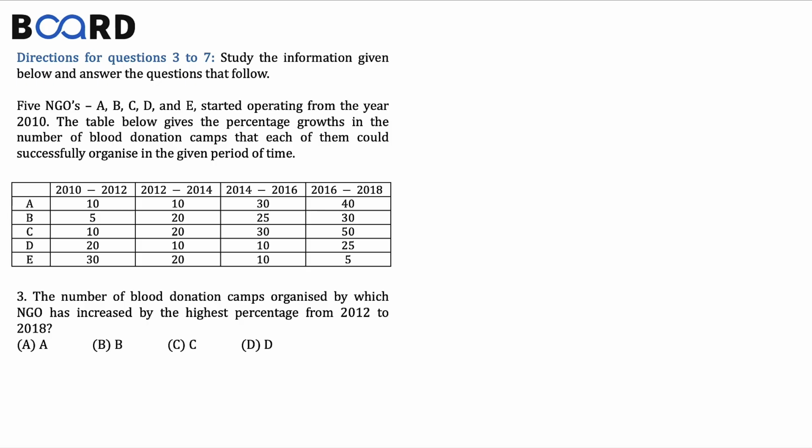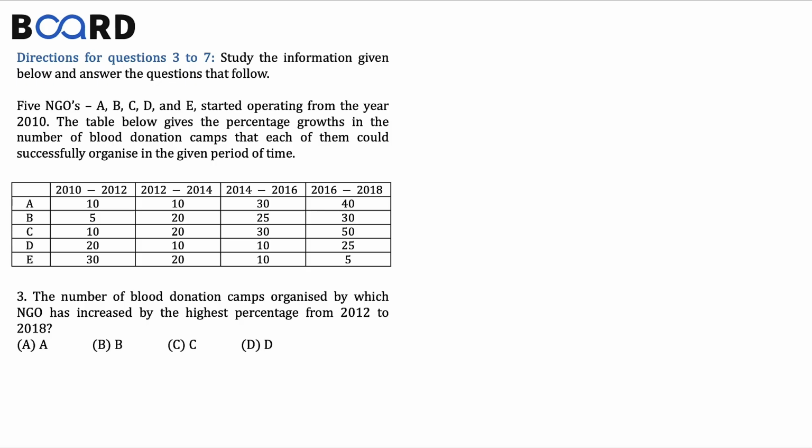Now, think about it. What are they actually asking for, and what is the task? What do we need to do? They are asking which NGO has got the highest percentage increase. So let's say A. Initially, in the beginning of 2012, A has a total value of 1000. By the end of 2014, that has increased by 10%, so 1100.